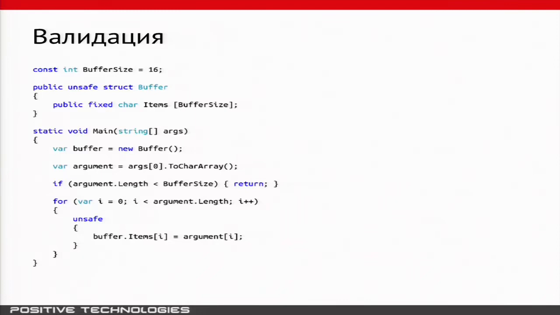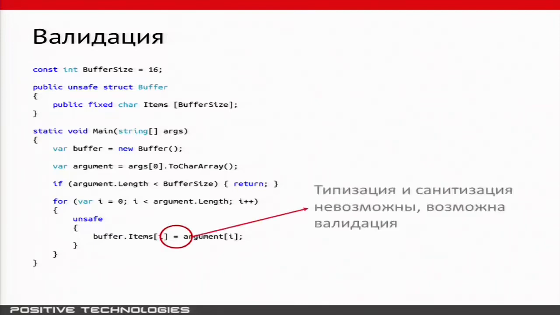The sign should look the other way, and then the buffer is copied from the argument line. That's it. Since the check does not go properly, the buffer can overflow, and then it needs to be rebooted. So typifying or sanitizing is not possible, but validation is possible.